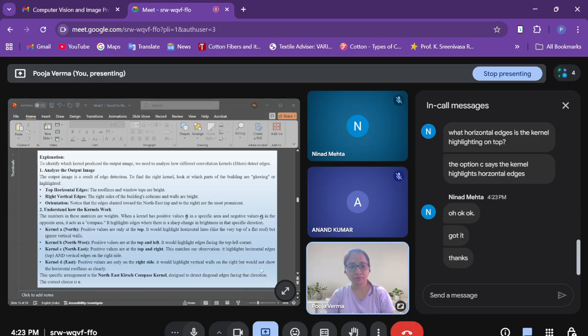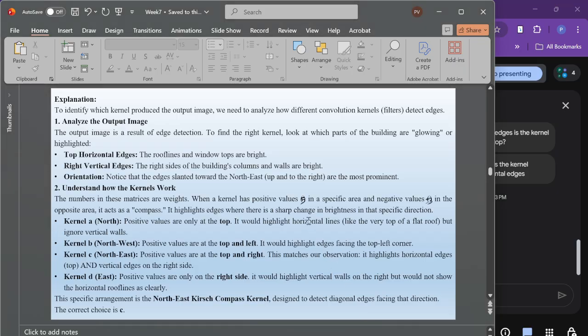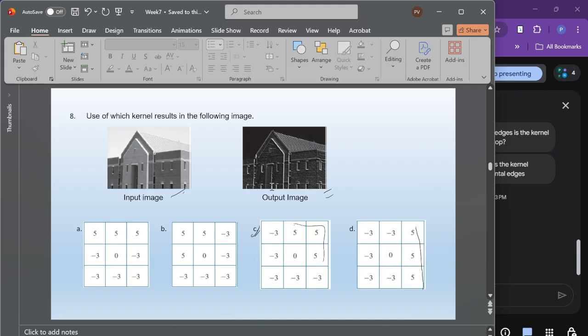Okay, so I think it's fine for you. Now moving to our next question. Just check which edges are matching or glowing. If you check this side, it is glowing, and these vertical edges are also glowing.